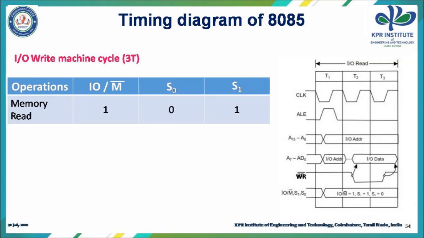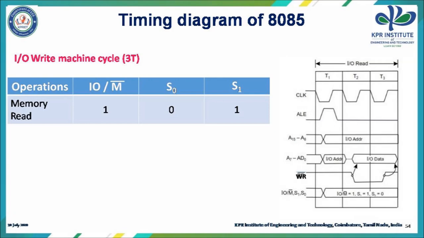The next machine cycle of 8085 processor is the IO write machine cycle, which also requires 3 T states. Since this is an IO related operation, IO/M bar is equal to 1, and since it is a write operation, S1 S0 is equal to 0 1. So when you see the diagram, again ALE is made high to make AD0 to AD7 pins act as address pins, and it is made low during T2 and T3 so that AD0 to AD7 pins act as data pins.